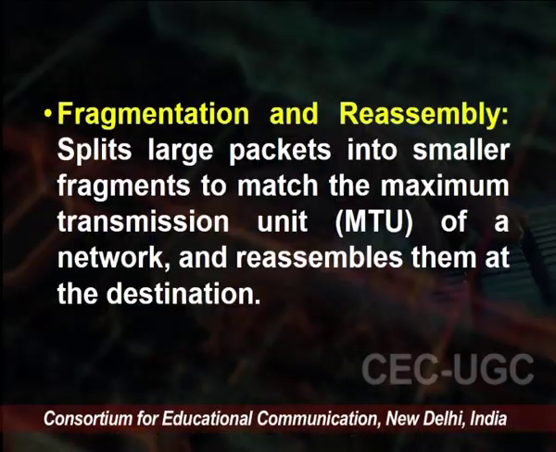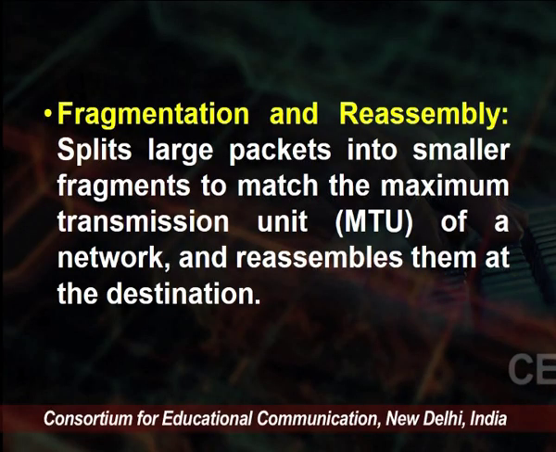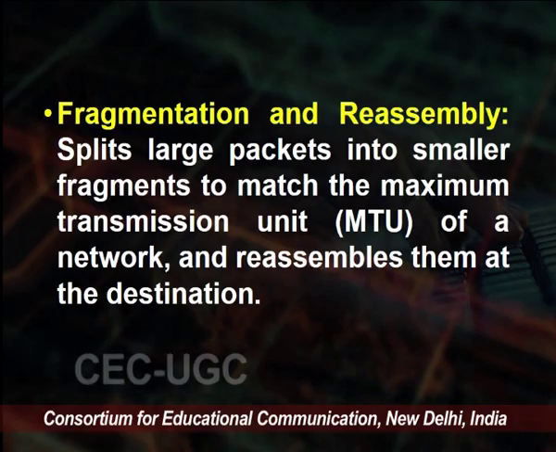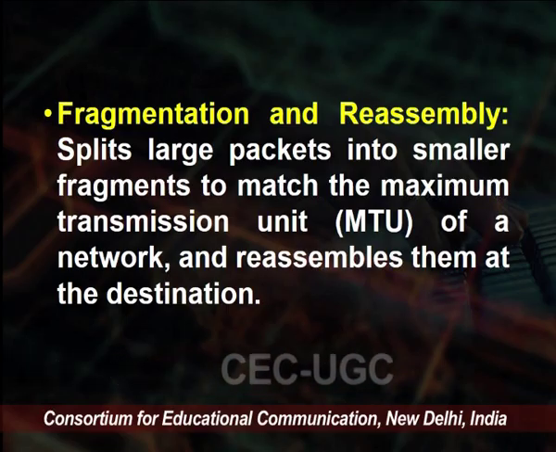Fragmentation, as the name suggests, splits the large packet into smaller fragments. Why is it required? In order to match the maximum transmission unit of a network. Maximum transmission unit is MTU, and then the fragments need to be reassembled at the destination end.